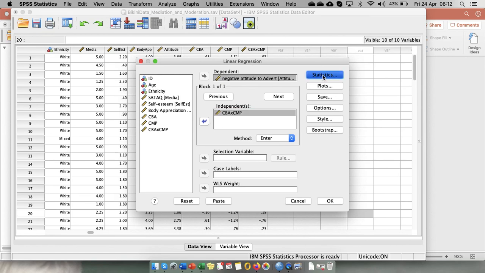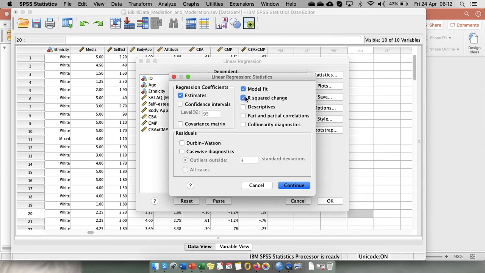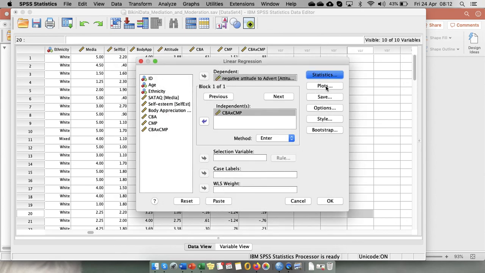In statistics, we are particularly interested in the R-square change. We can also look at descriptives and other statistics, but let's keep it simple for now, plus we already know from other analysis that all these variables are fine. And we press OK.